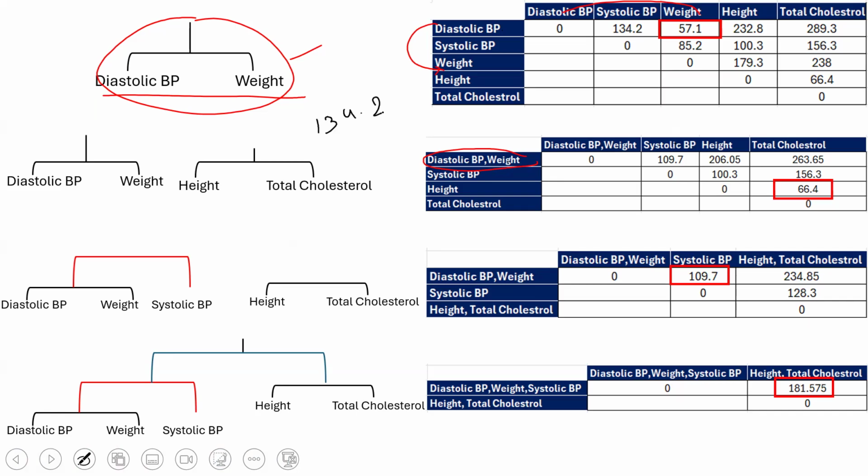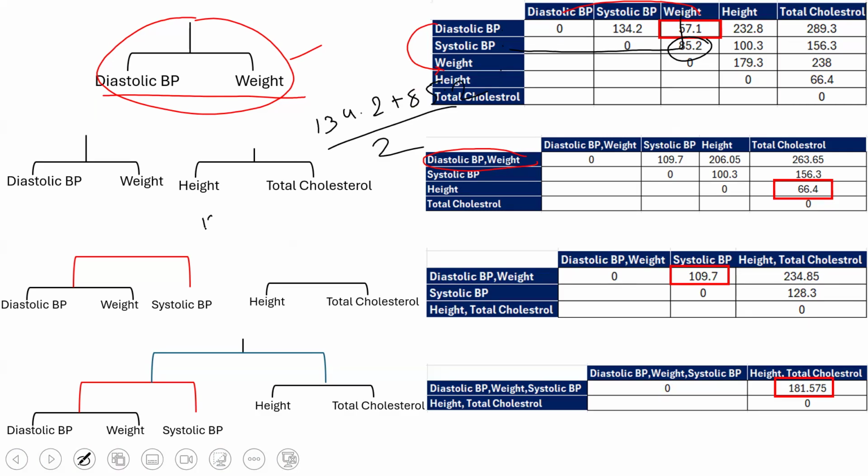And from weight to systolic BP, the distance is 85.2. So you take 134.2 plus 85.2, divided by 2. That is how you calculate the distance from this new cluster to every other point.